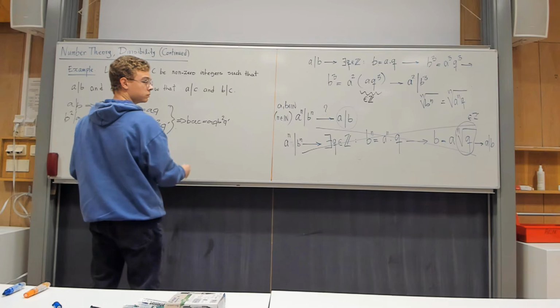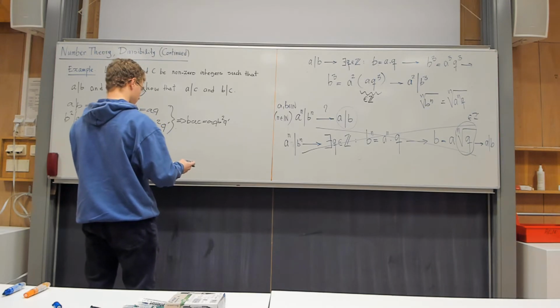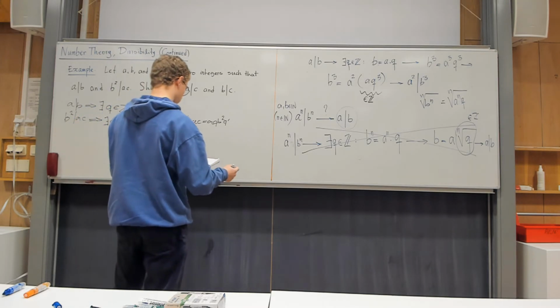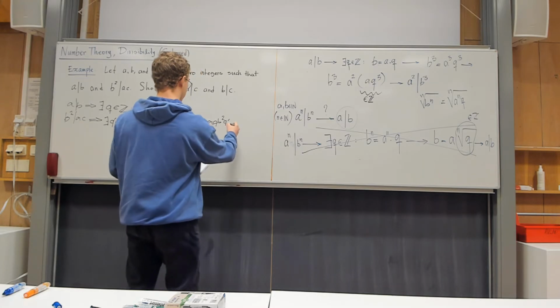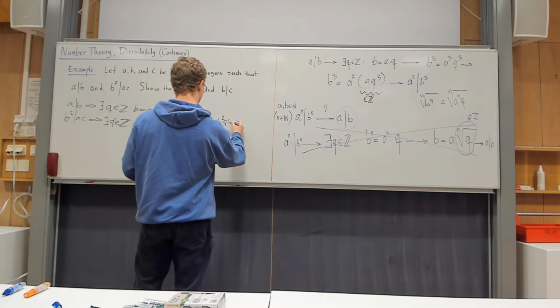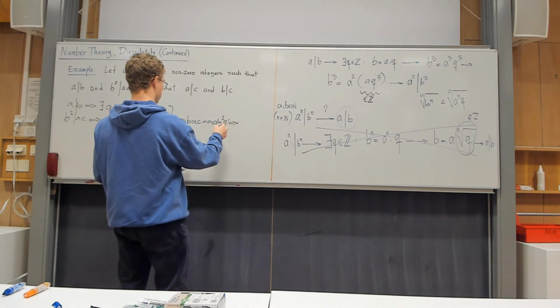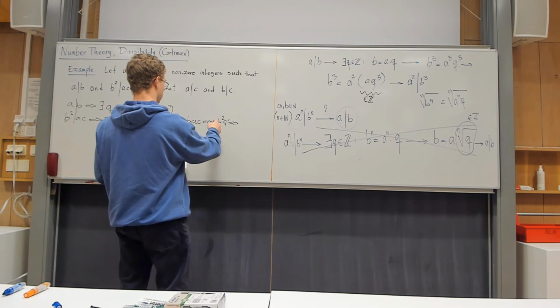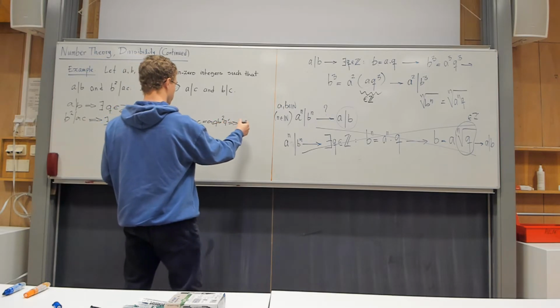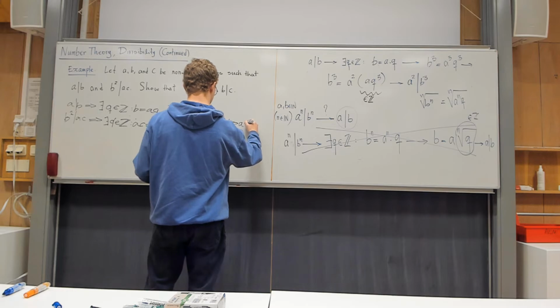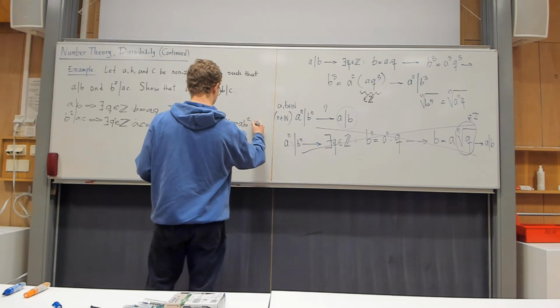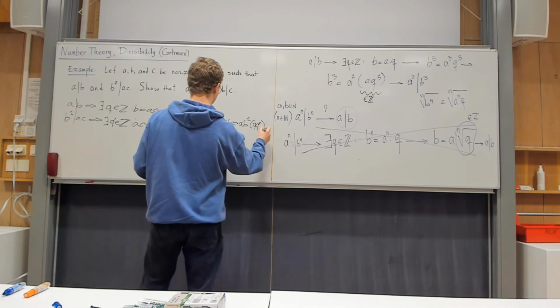So he multiplied both sides together, side by side. And then I can reorder this, so it becomes A B squared times Q times Q prime.